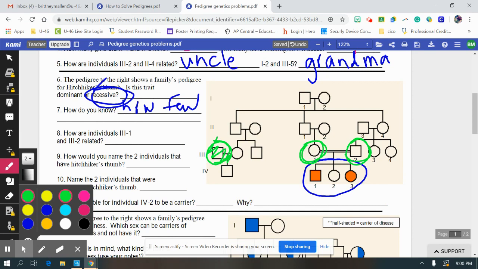But if you really think about this, the individual right here is the daughter of these two people, so these are her grandparents. She's a granddaughter. This individual over here has the same grandparents as parents. So that means they are cousins, and they are married. This is a case of incest, which is illegal. A big no. So we're going to write both cousins and married.